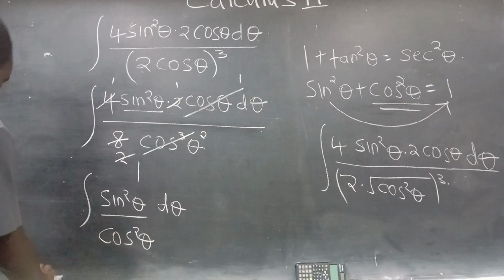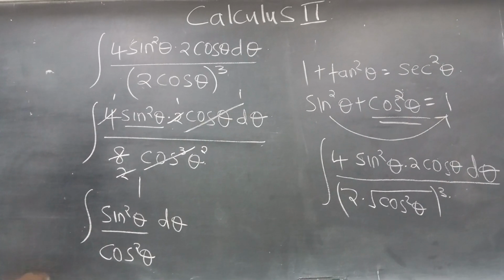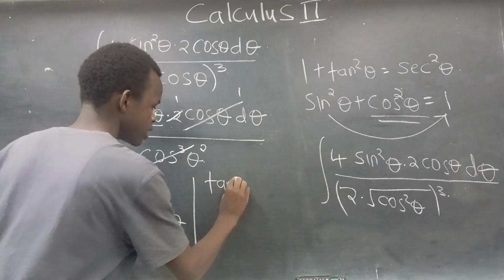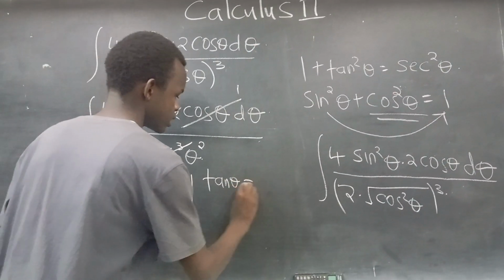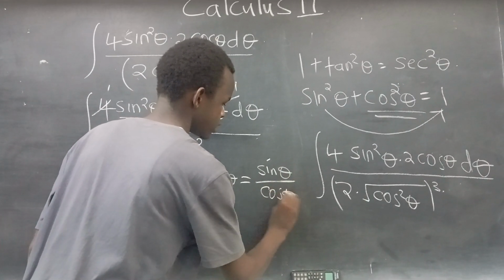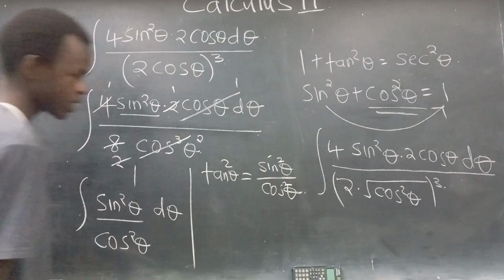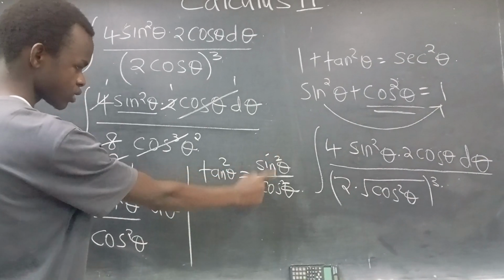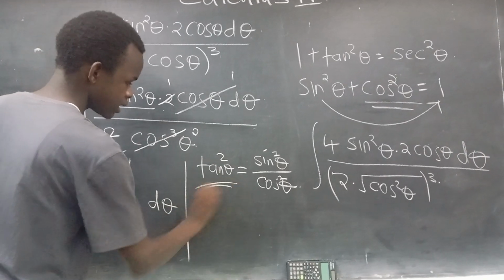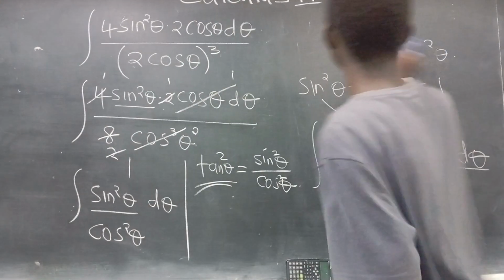So from there, there's a reciprocal identity also. I made a video on reciprocal identity. I said tan theta as a reciprocal identity is just sine of theta divided by cos of theta. But now I can square my tan, square here and square here. So as you can see, sine squared, cos squared, I'll just replace all this information with tan.